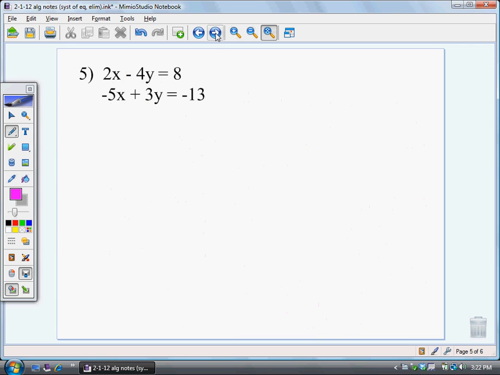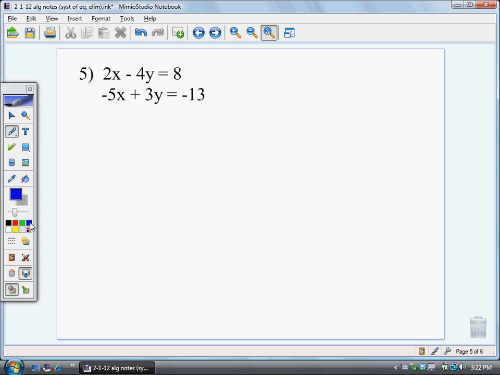Now on this fifth one, we have 2x minus 4y equals 8, negative 5x plus 3y equals negative 13. There is no easy number I can multiply either equation by to get rid of either x or y. Some people might argue that you could multiply the top by 2.5, and you could, but that is a fraction, and some people don't like fractions.